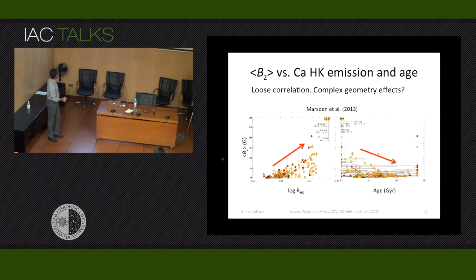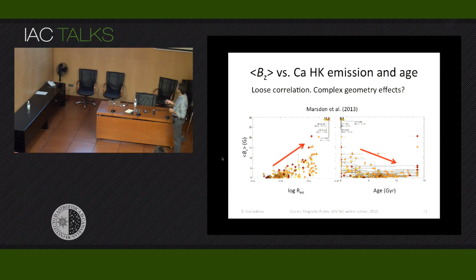This is perhaps the most comprehensive magnetic field survey, which got snapshot observations in Stokes V and tried to correlate them with the proxies, with emission in the calcium H and K lines. You see a kind of loose correlation, in the sense that there is this upper envelope.